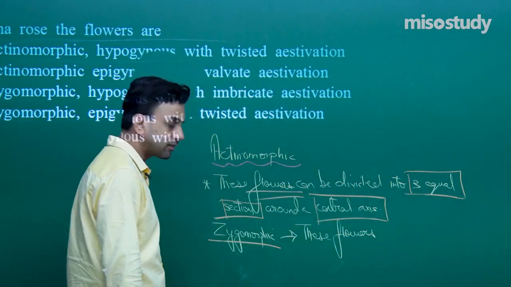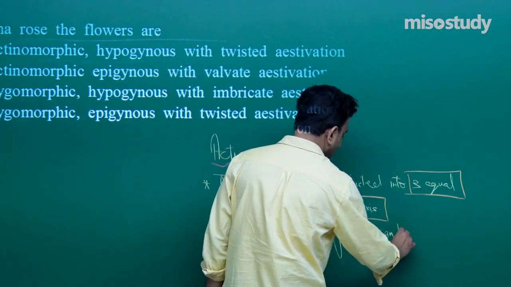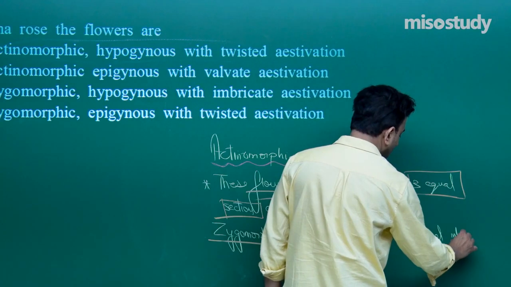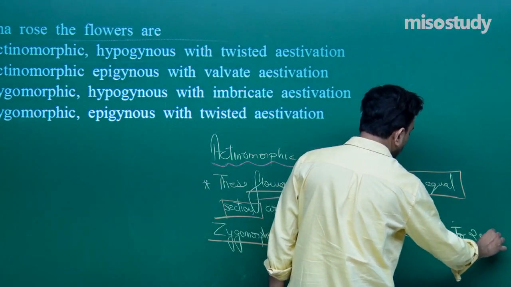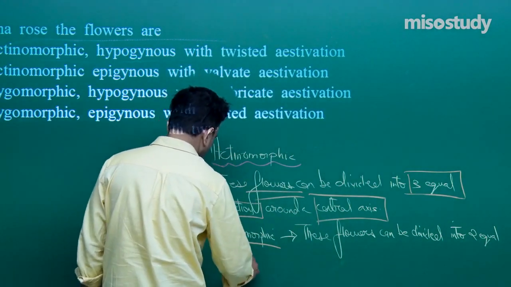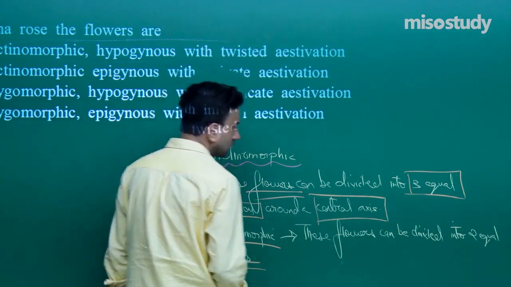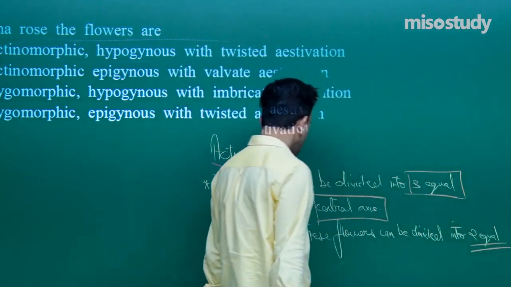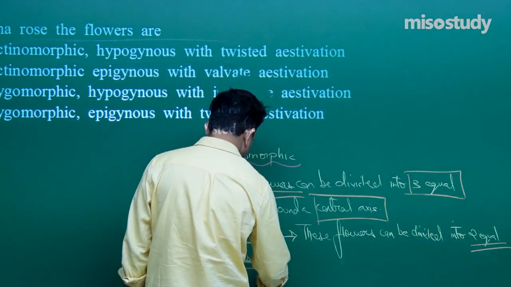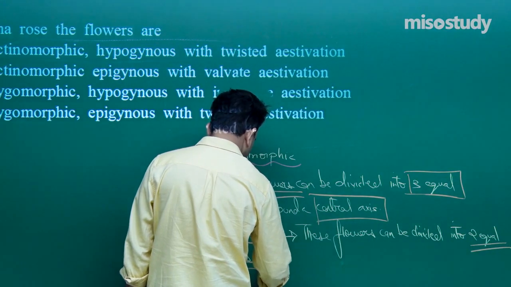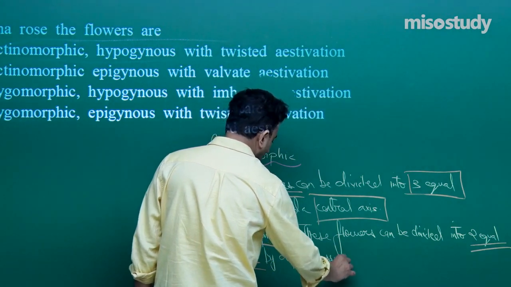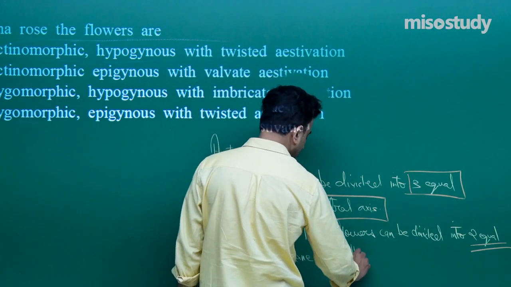These flowers, the zygomorphic flowers, can be divided into 2 equal halves by a plane passing through the center.